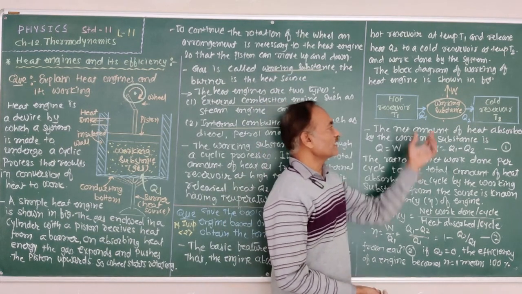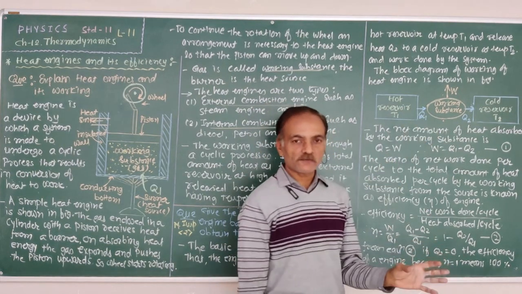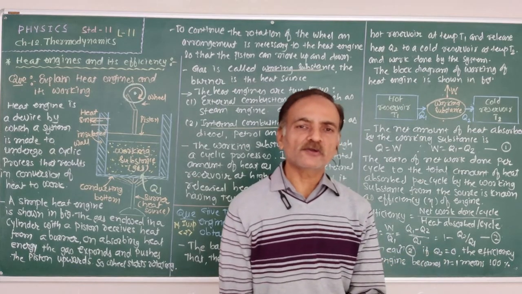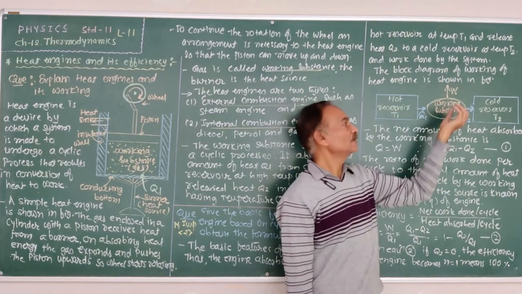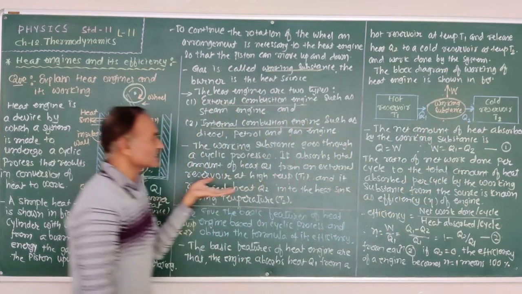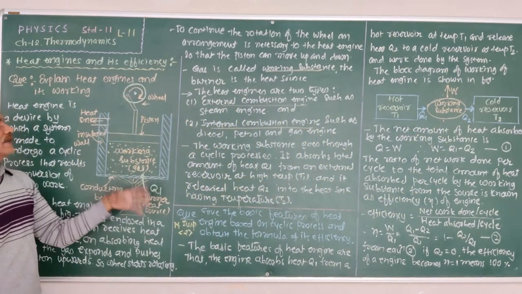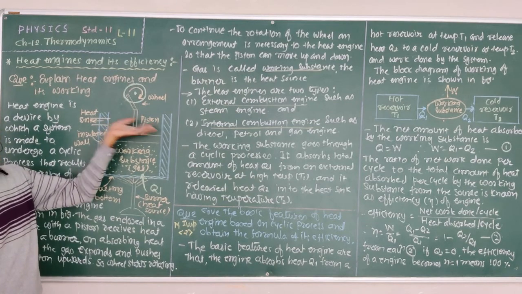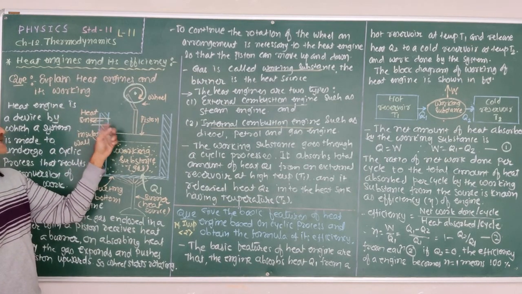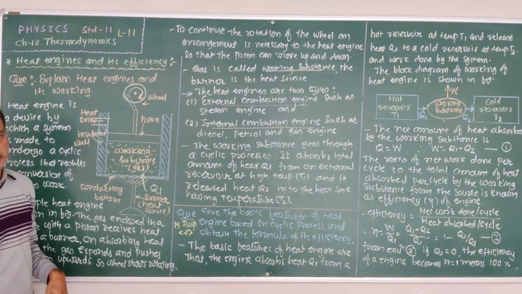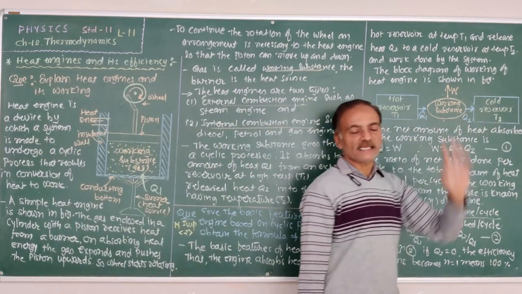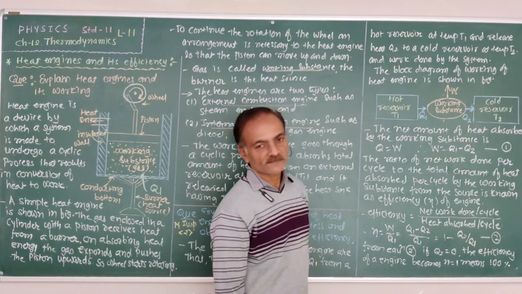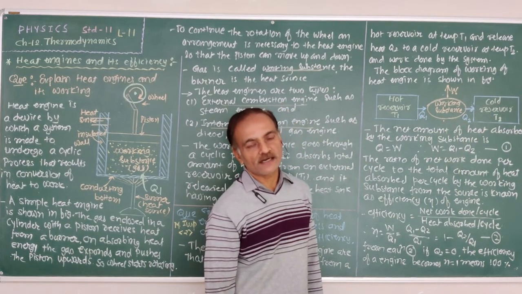Out of the Q1 amount of heat absorbed, some part of the heat is utilized to do the work or to push the piston up. And once the piston is up, the additional heat energy is taken out to the heat sink. That means the Q2 amount of heat is released in the cold reservoir, which is at low temperature T2.